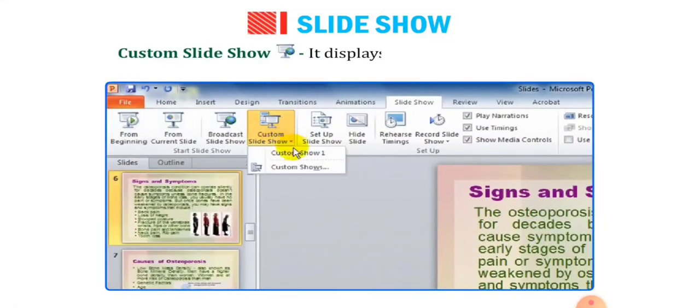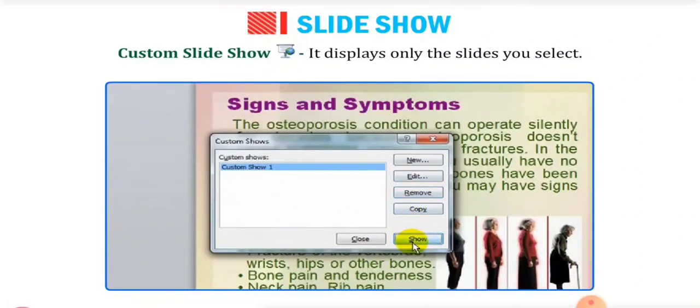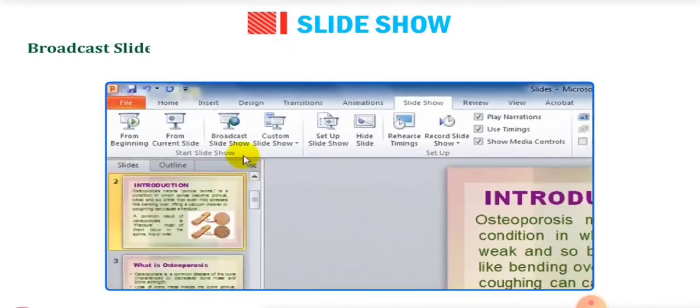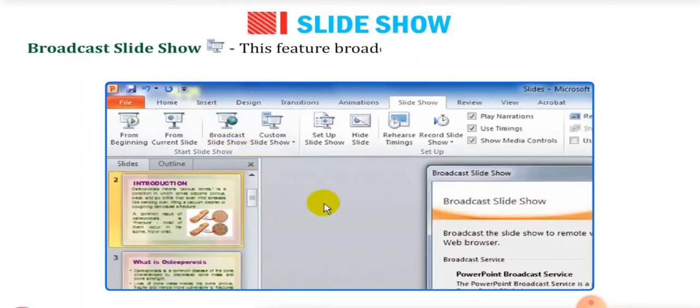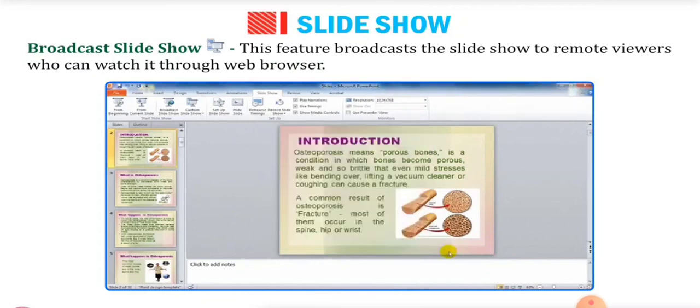Custom slideshow. It displays only the slides you select. Here choices are there, so we can choose any slides for the slideshow. Broadcast slideshow. This feature broadcasts the slideshow to remote viewers who can watch it through a web browser. This option broadcasts the slideshow on the internet, and we can see the slideshow on the web browser.